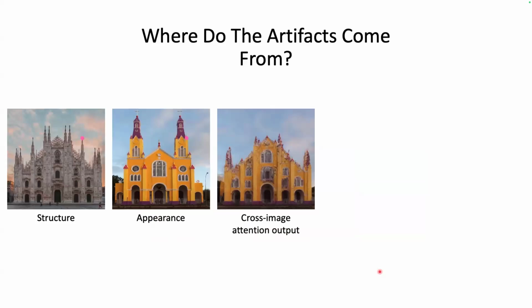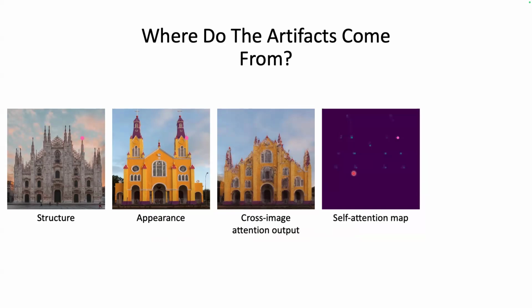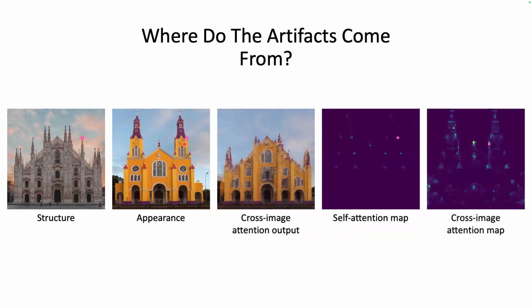So we started to investigate, and what we did was to look first of all at how the self-attention map for the appearance image, at this pink point, looks, and compared it to how the cross-image attention map looks for the same point.